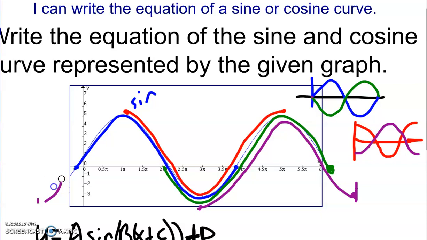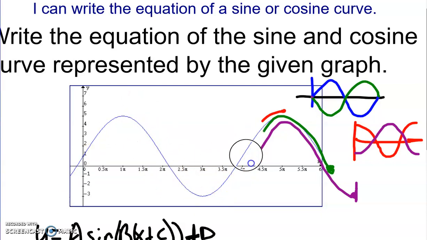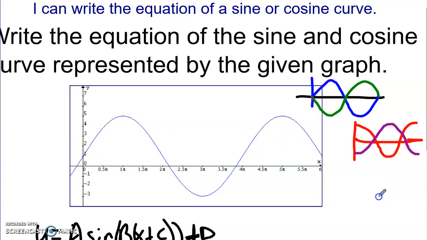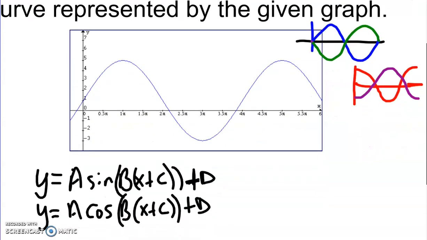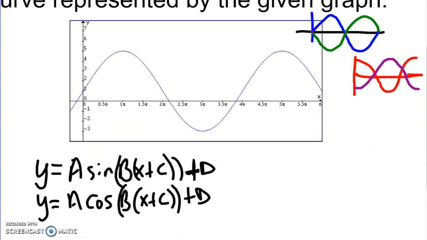So I'm going to erase all of this here. Okay, and since we're writing the sine, let's use the blue for that. So the general order I recommend that you do this is you start with the vertical parameters.